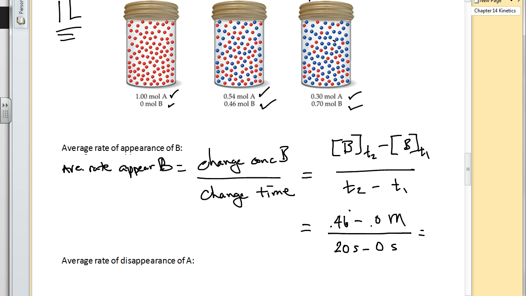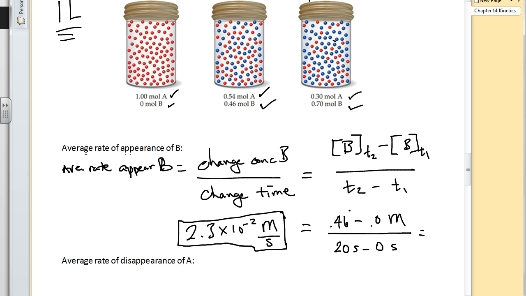Okay? And when I do the subtraction and the division, I'm going to get an answer of 2.3 times 10 to the negative second molarity per second as our average rate of appearance of B.